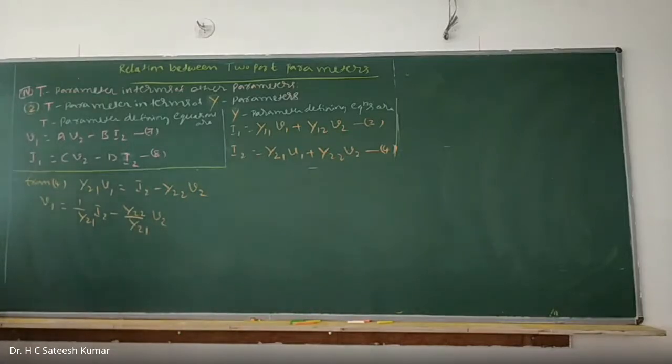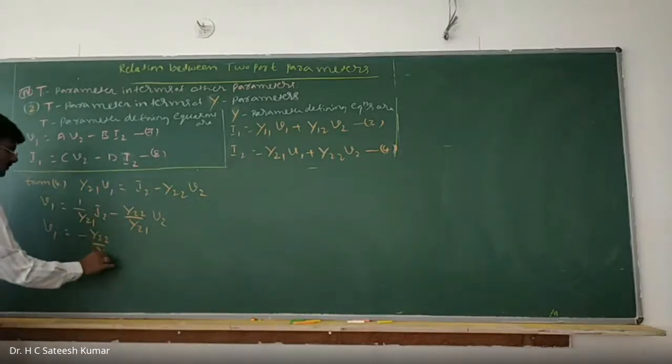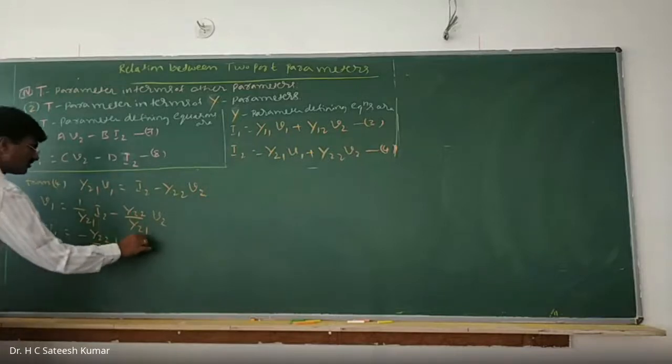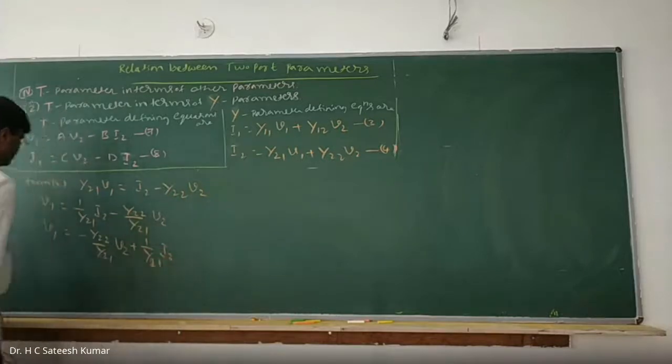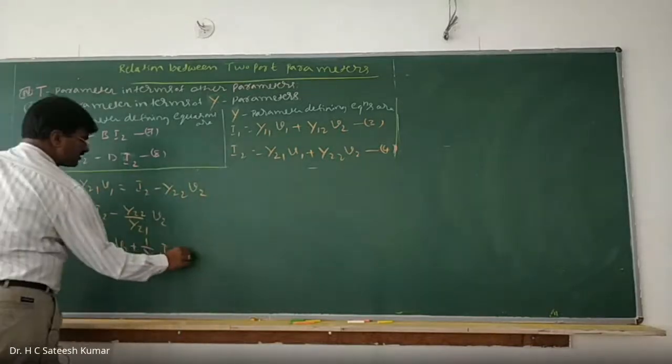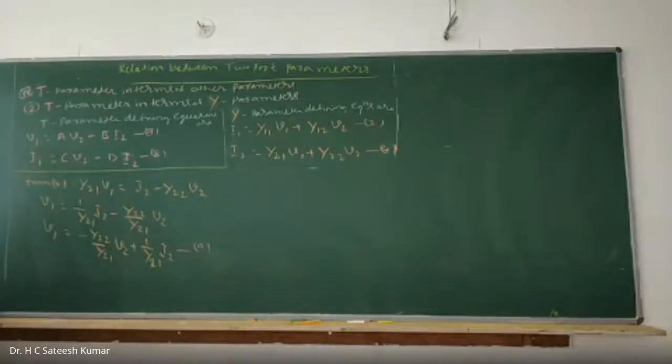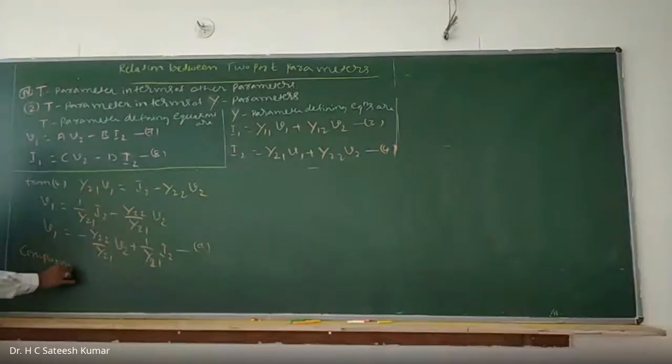Now you have to rearrange it in the form of A V2 minus B I2. So V1 is equal to minus Y22 by Y21 into V2 plus 1 by Y21 into I2. Okay, right. Call this equation A. Comparing A with 7, what do we have?